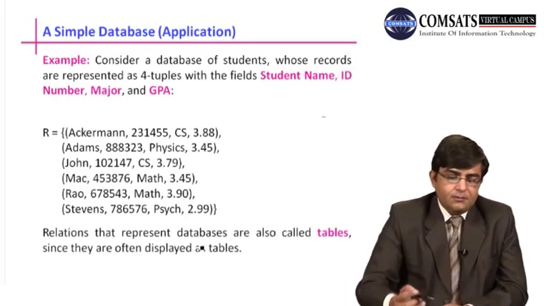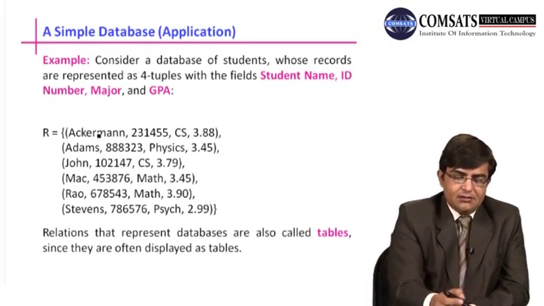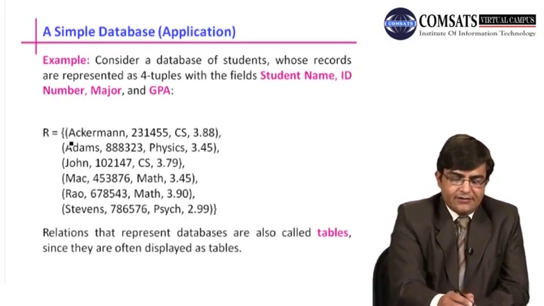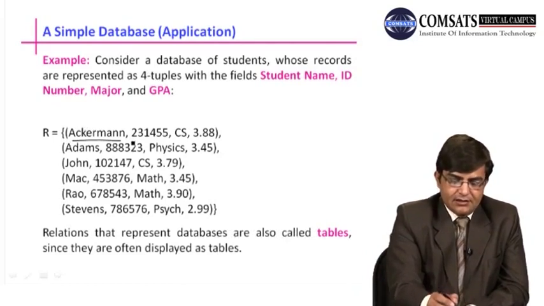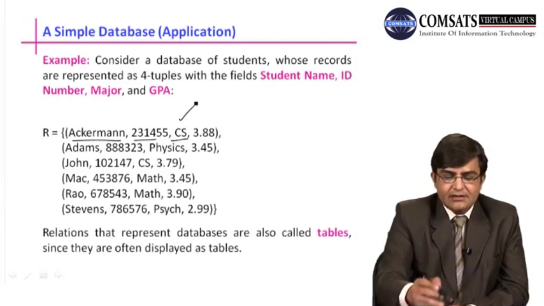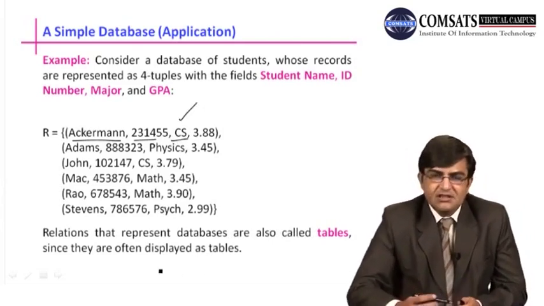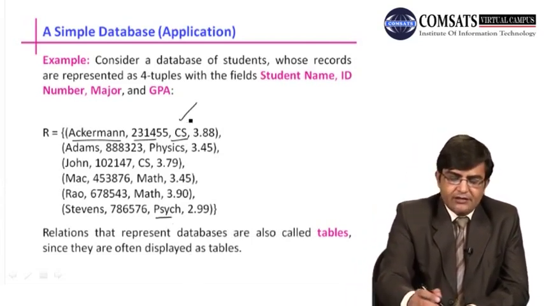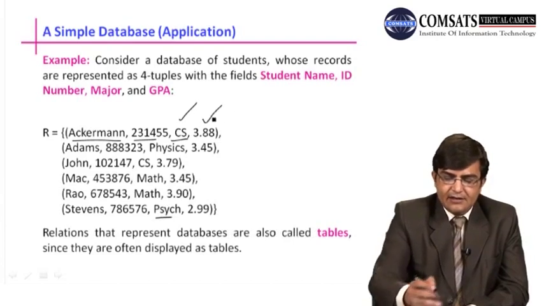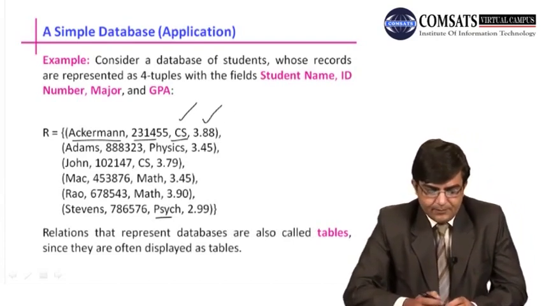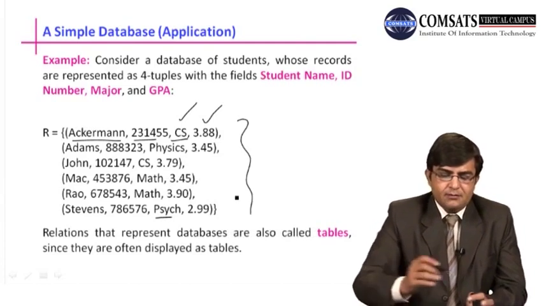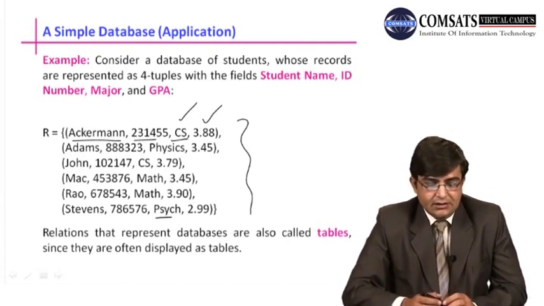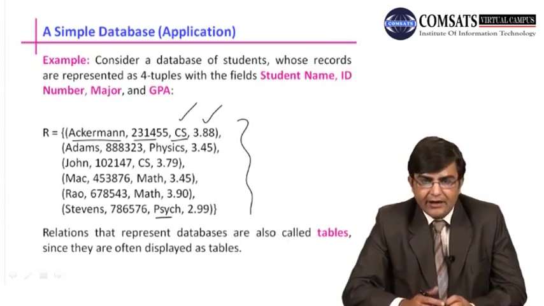So we can define a relation which has the first element as the name of the student, the second as the student ID, the third as the student's major, whether he is a computer science student, an engineering student, a psychology student, or whatever. At the end we can define his GPA. This is how we can manage the data with the help of n-ary relations.